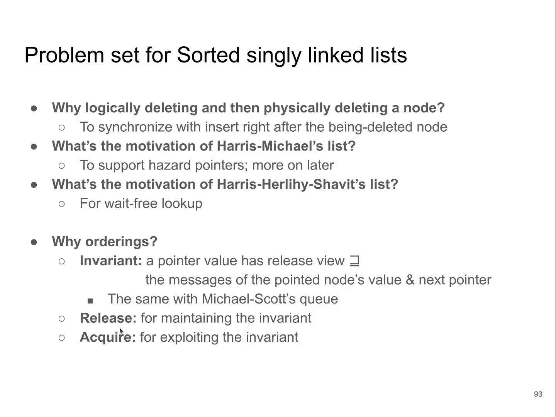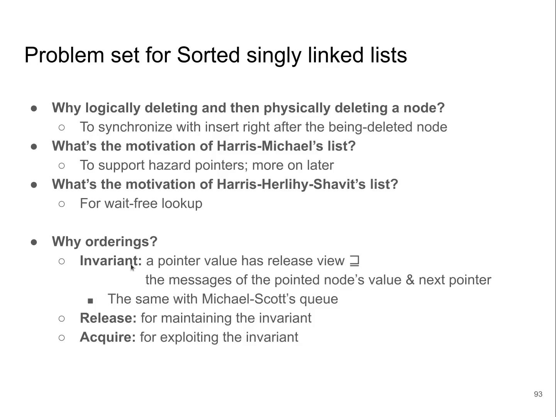If you are going to write something, you usually want to do it with release so that you maintain the invariant. When you are going to read something, usually you want it to be an acquire read, because by acquiring it, you want to exploit some invariant. The same thing happens here too. The write must be release and the read must be acquire in many places.